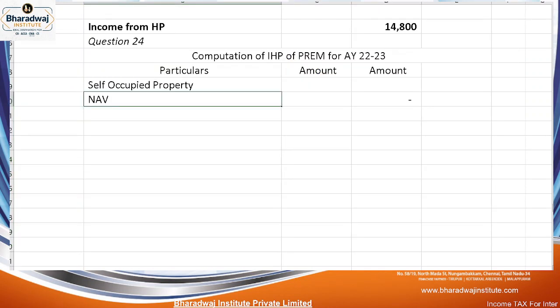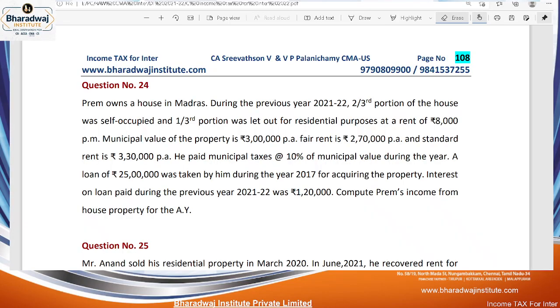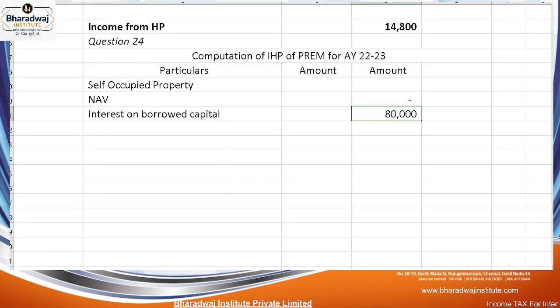Yes, for self-occupied property, NAV will become what? 0. For self-occupied property, NAV is equal to 0. Deduction, interest on loan. Total interest paid is how much? 1,20,000. This is for the whole house. So 2/3 is self-occupied. 1,20,000 into 2 by 3, 80,000 can be claimed.